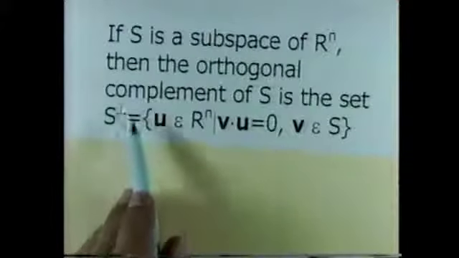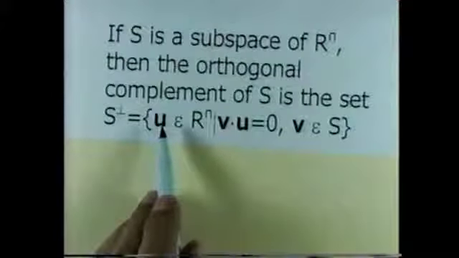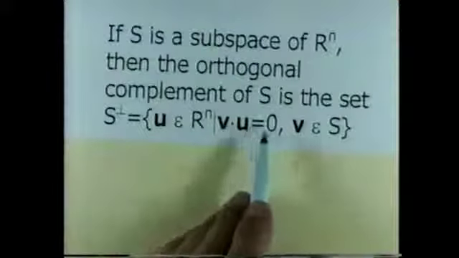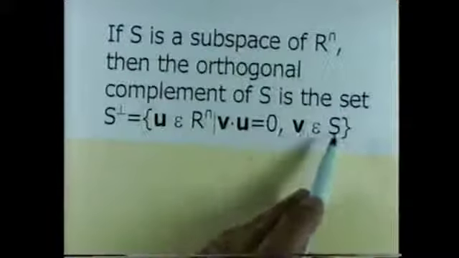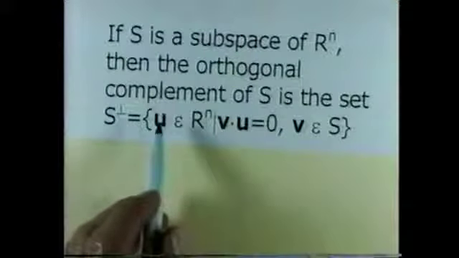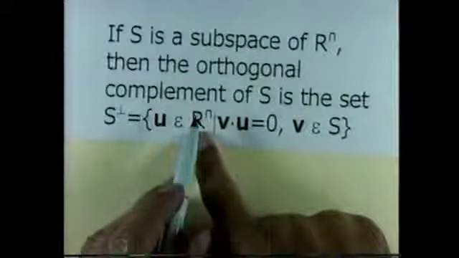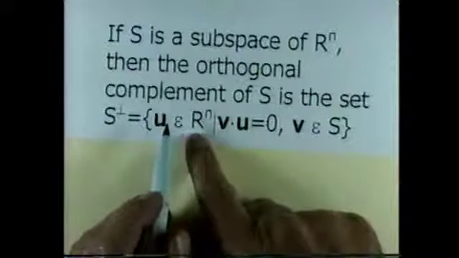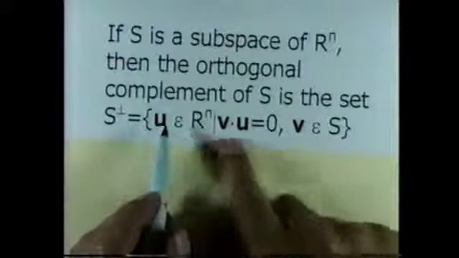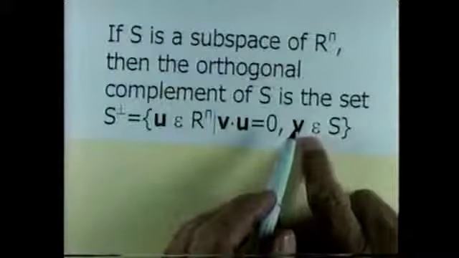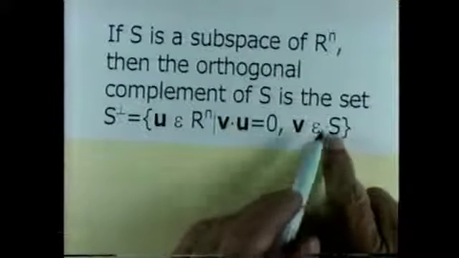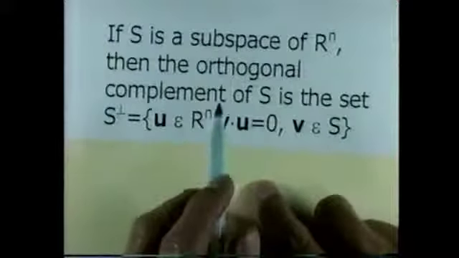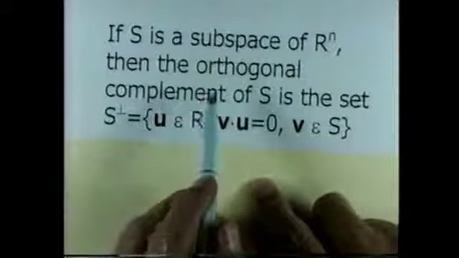So S complement is equal to the set of all vectors U in Rn such that V dot U is equal to 0, where V is an element of S. So U is any vector in Rn, V is a vector in S. So the set of all vectors from n space such that the vectors from S dotted with the vector from n space equals 0 would form the orthogonal complement of S.